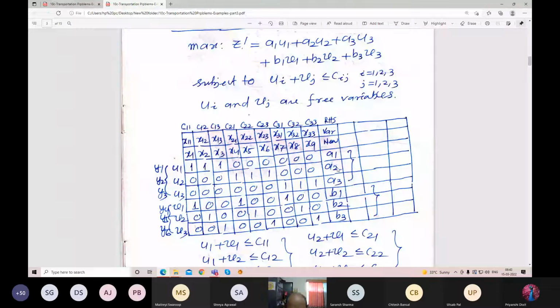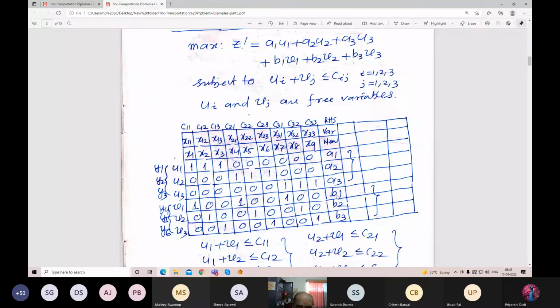Similarly, for the last source constraint, the first 3 are 0, the next 3 are 0, then the next 3 are 1, 1, 1, something like x31, x32, x33 equal to a3. So we can name it as x7 plus x8 plus x9 equal to a3.